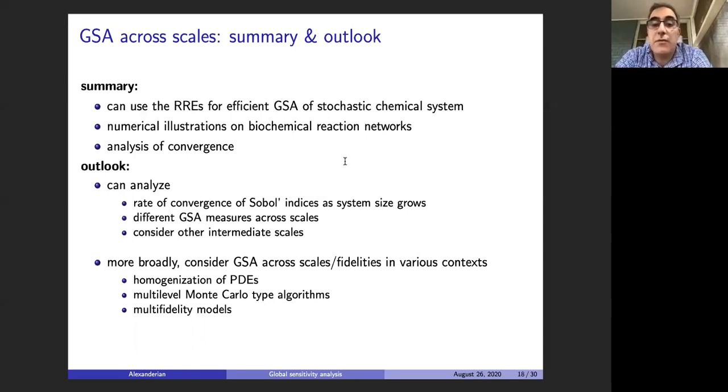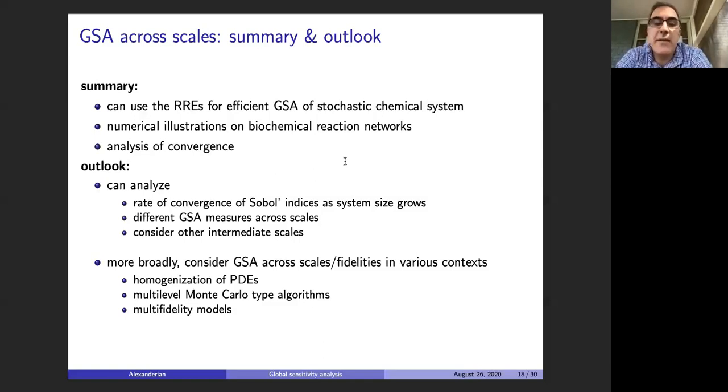We can do multi-level Monte Carlo type algorithms, where the scale is defined by the discretization. So can I leverage information from coarser discretizations to do accurate and efficient global sensitivity analysis? There's some work out there about this, but we're looking into it here at NC State also.